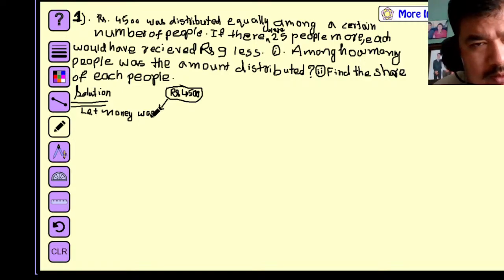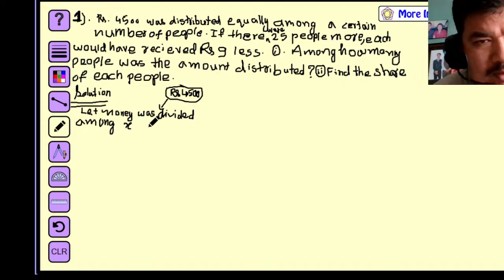We can write let or suppose, no problem. Let the money be divided among X people. The number of people we have supposed is X.